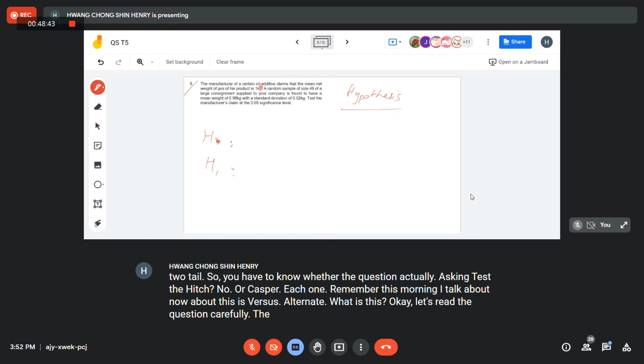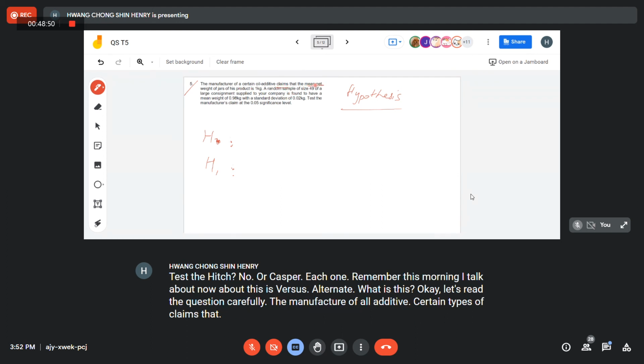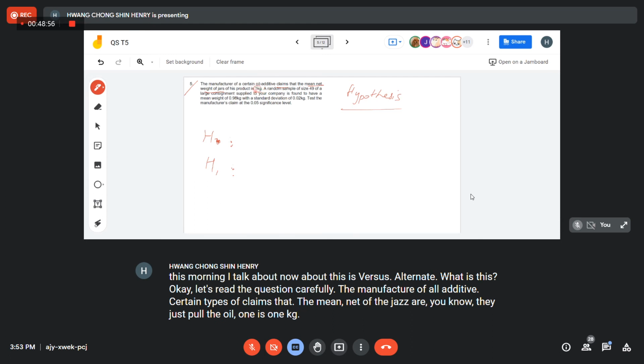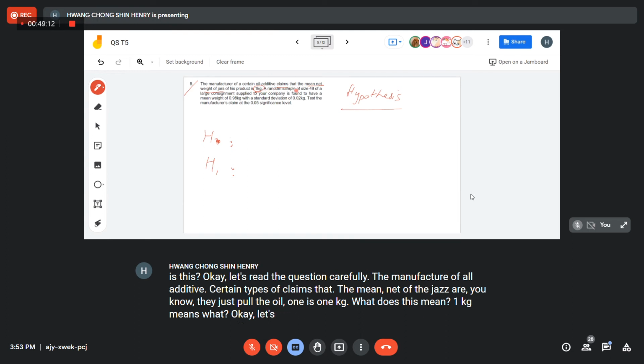The manufacturer of oil additive, certain types of oil, claims that the mean net weight of the jars to pour the oil is 1 kg. What does this mean? 1 kg means what? Okay, let's read through. A random sample of size 49.